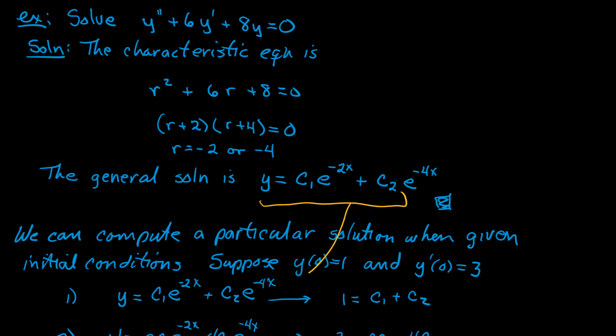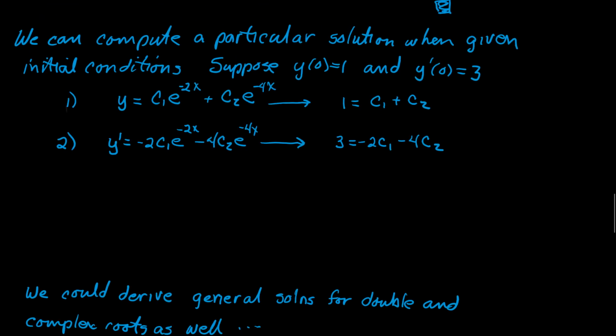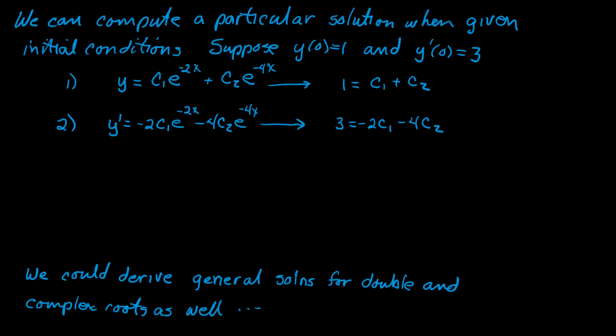I'm just going to bring this down. There it is. And let's take a look at our initial values. The function is equal to 1 when the x value is 0, and the derivative of the function is equal to 3 when x equals 0.